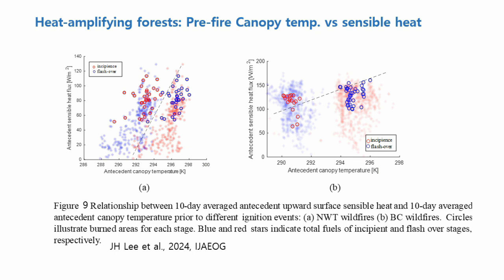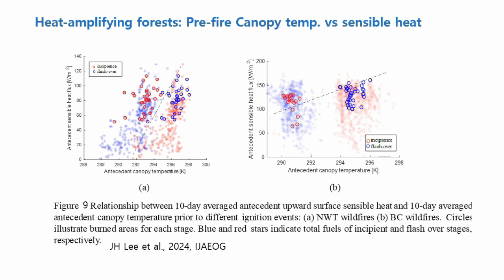Actually, we've seen this figure in the previous session to talk about the effect of forest temperatures. Obviously, as canopy temperature increases, there was an increase of sensible heat also.